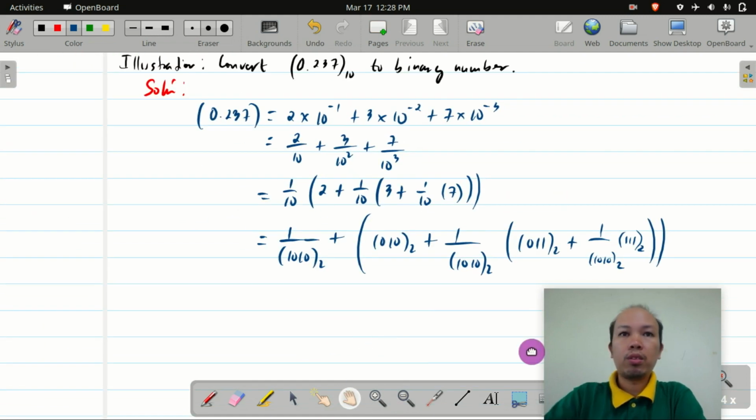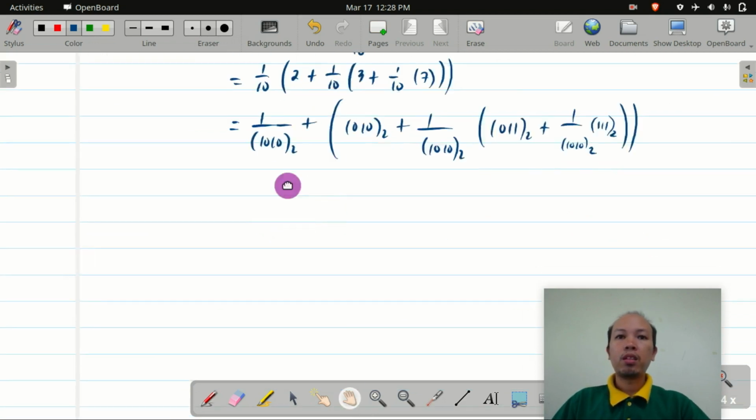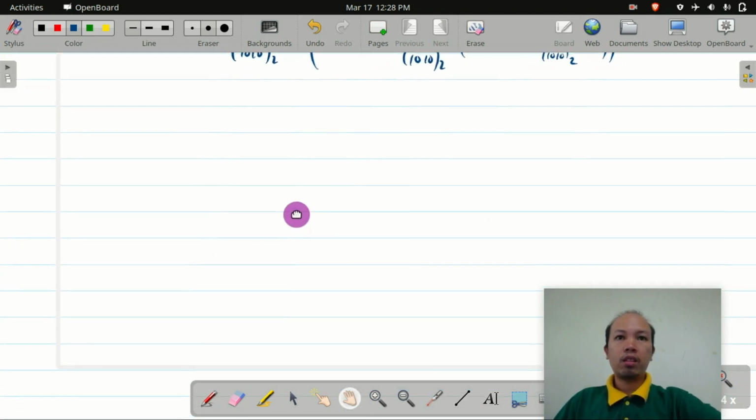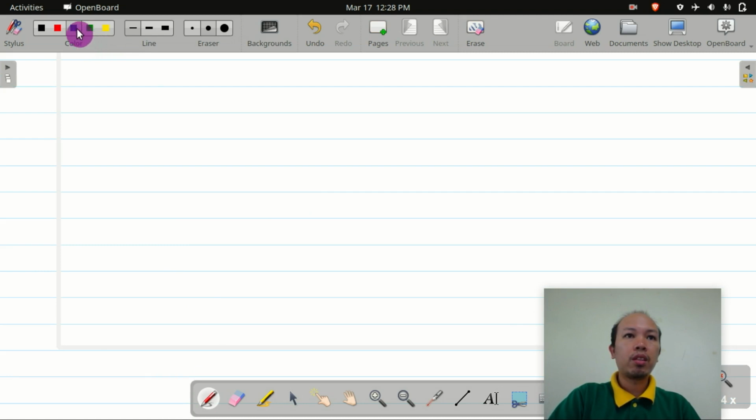Don't forget that this is base 10. Let's try to solve this using the previous discussion. Solution. Our given is 0.237.